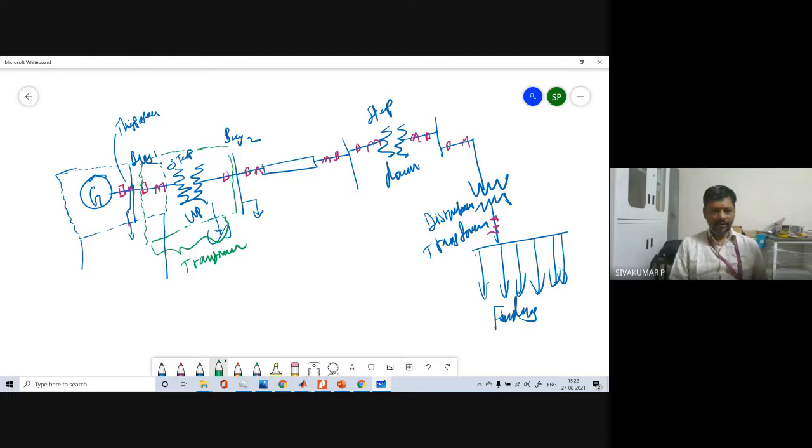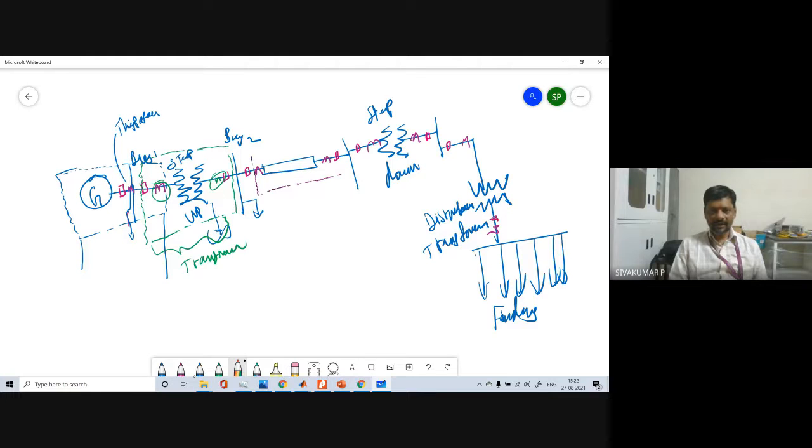We also introduce one CT, and if required based on this analysis, we introduce another CT also.